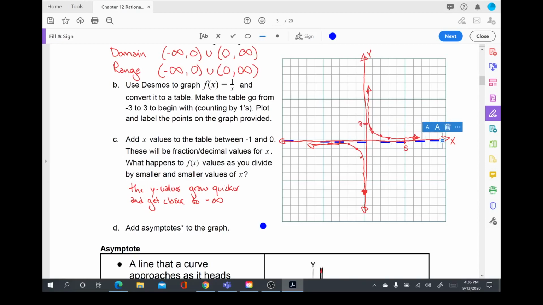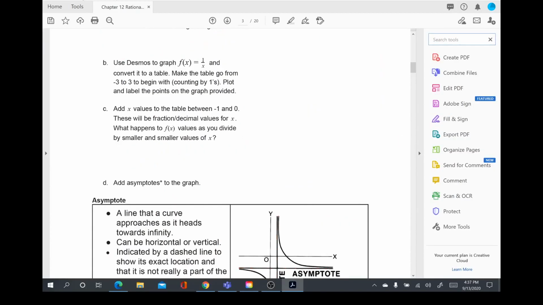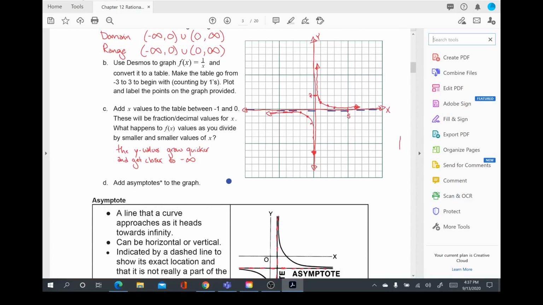And now I don't think my dashes go vertical. I'm struggling here. Okay. You get the idea. I'm gonna try one more thing before I give up. I'm still writing in red. Okay, well, dashed lines to indicate the asymptotes.